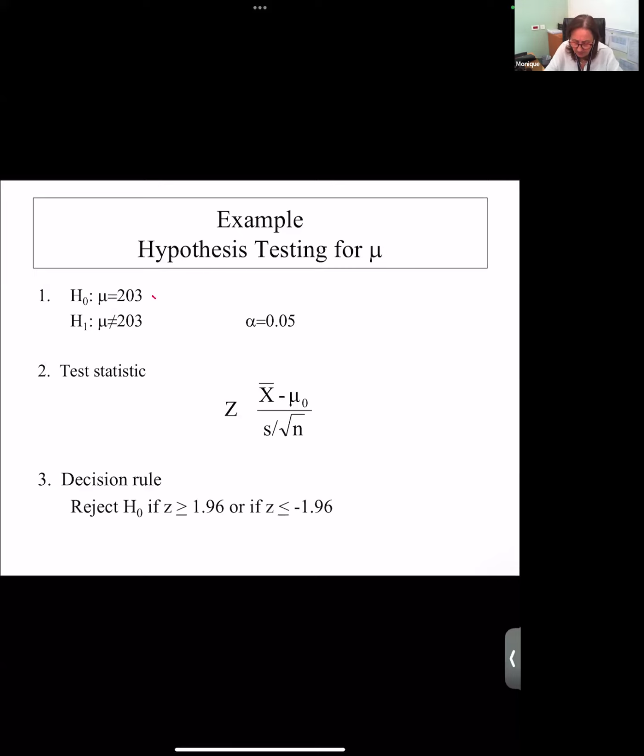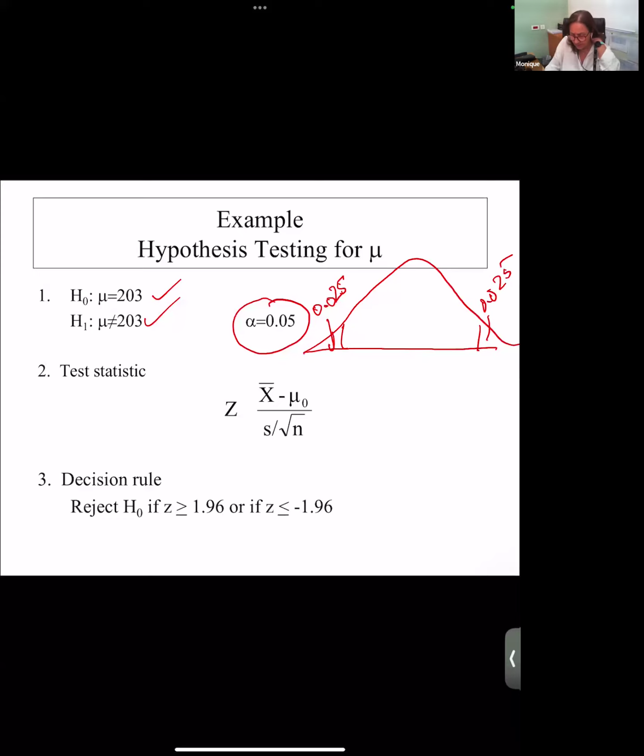As we stated, mu is 203, mu 1 is different than 203. The alpha is 0.05, meaning that this is my decision rule: 5%, bigger or smaller. Therefore, my 0.05 is going to be 0.025 here and 0.025 here, and inside is my 95%.